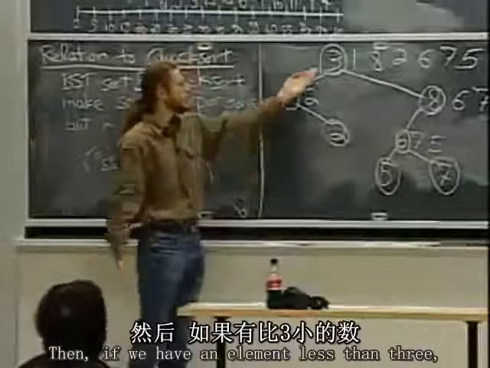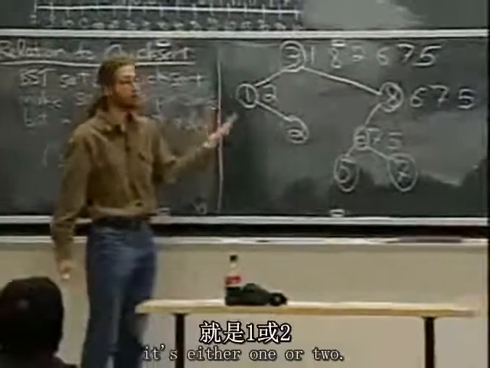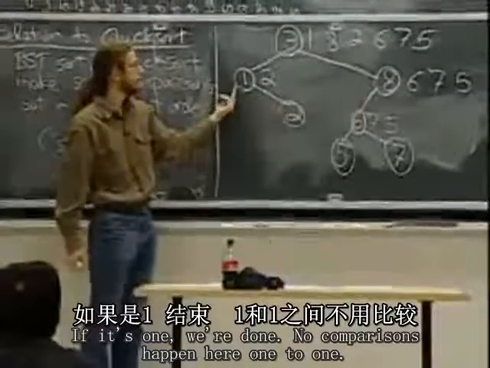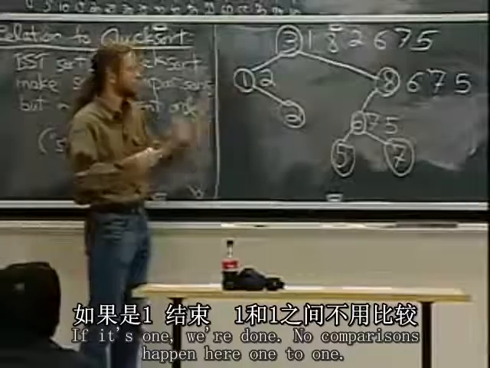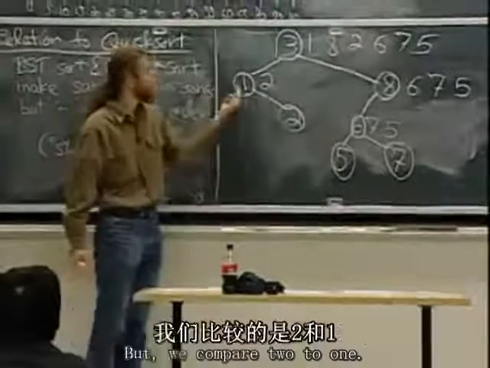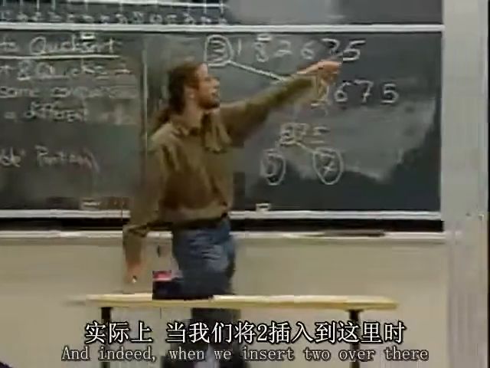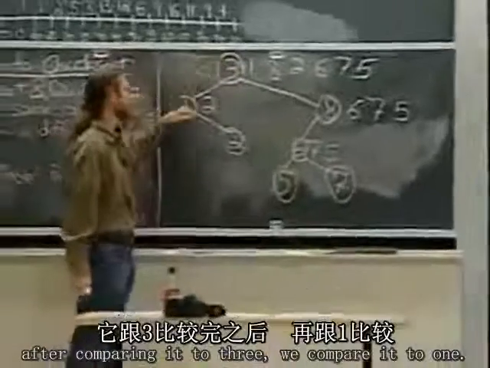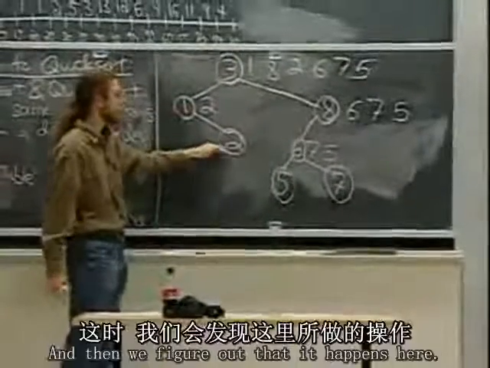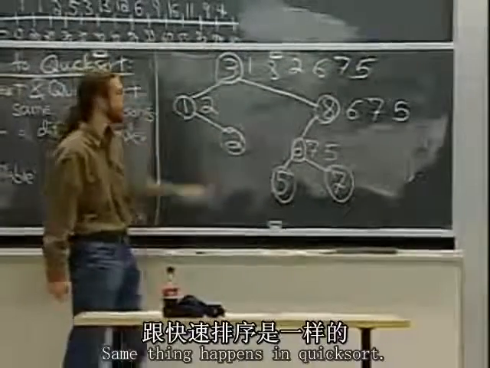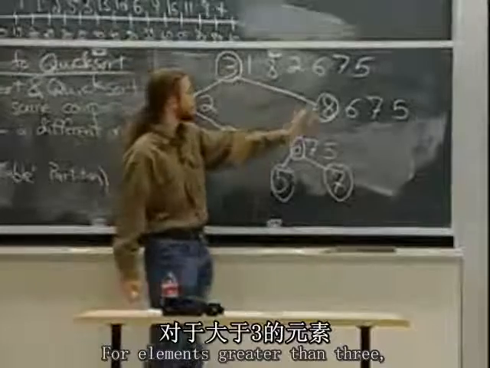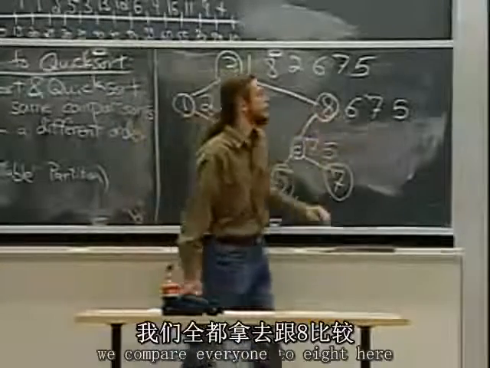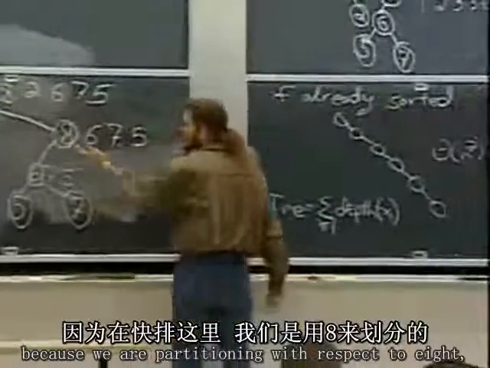Then if we have an element less than 3, it's either 1 or 2. If it's 1, we're done. No comparisons happen here, 1 to 1. But we compare 2 to 1. And indeed, when we insert 2 over there, after comparing it to 3, we compare it to 1, and then we figure out that it happens here. Same thing happens in quicksort. For elements greater than 3, we compare every one to 8, because we're partitioning with respect to 8.